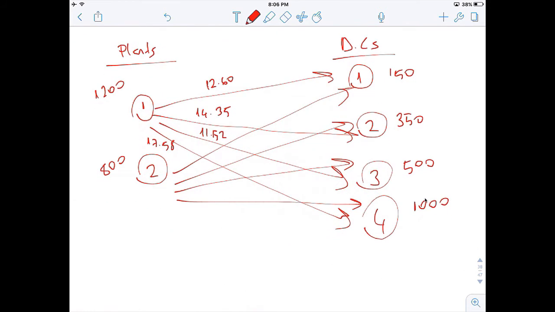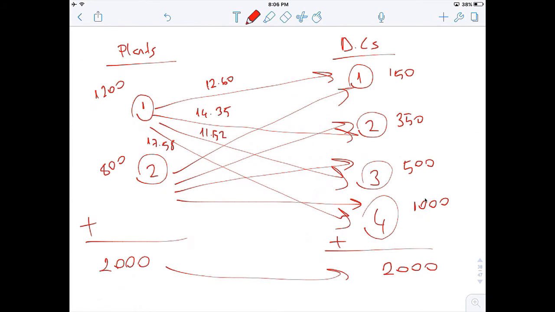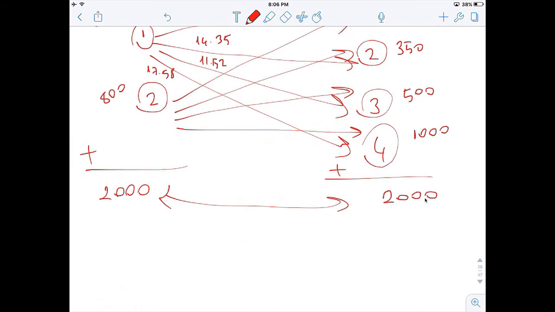As you can see, if you add these capacities up, that is 2000. If you add these demands up, that is also 2000. That's called a balanced transportation problem, because the total amount that we have is equal to the total demand from the distribution centers.